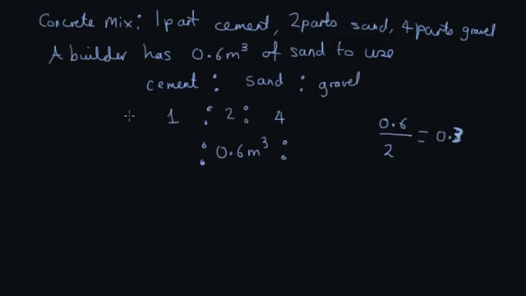So our 1 part cement is going to be 1 times 0.3 equals 0.3. And for our gravel, we're going to have 4 times 0.3, which equals 1.2 meters cubed.